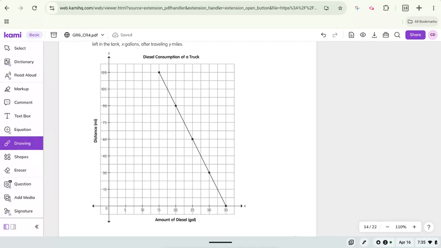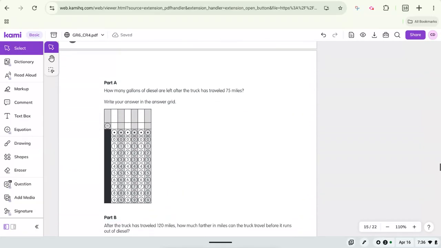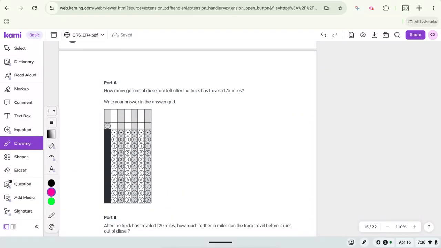So miles is on your y-axis, so I find 75 miles, and I go to the graph. I locate this point, and I figure out how much diesel. Go down here. So that is halfway between 20 and 25, and halfway between 20 and 25 is 22.5. So part A is 22.5.